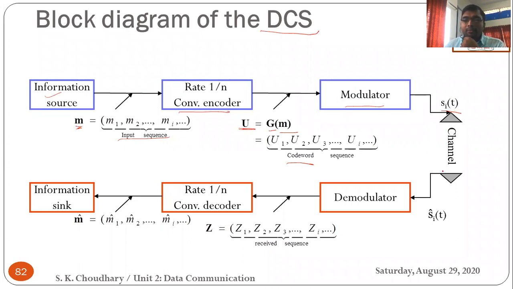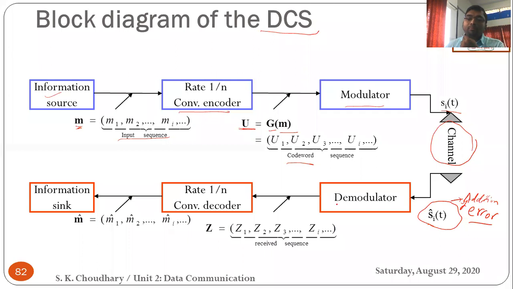It then passes through a channel where there is a possibility of addition of noise or errors, and at the receiving end it is represented by s-hat(t), the estimated value of this signal. Why is it estimated? Because there is a possibility of addition of error, so s(t) becomes s-hat(t).